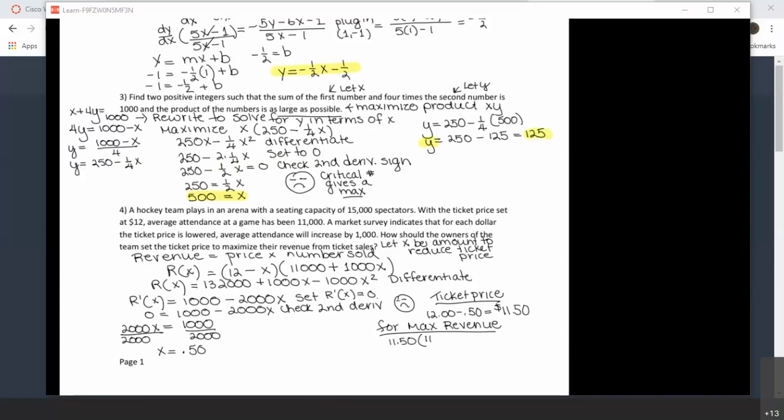So this is that expression over here on the right side. So 11,000 plus 1,000 times 0.5 gives me 11,500 people for a total revenue of $132,250. They didn't ask for revenue, but you could find it. This is what they asked for. Anybody have questions on number 4?